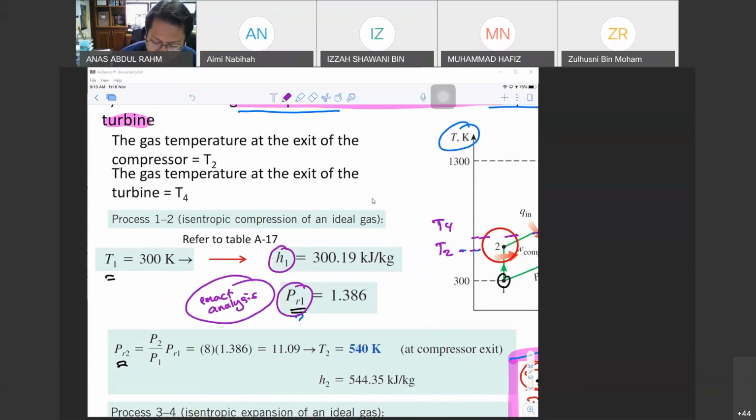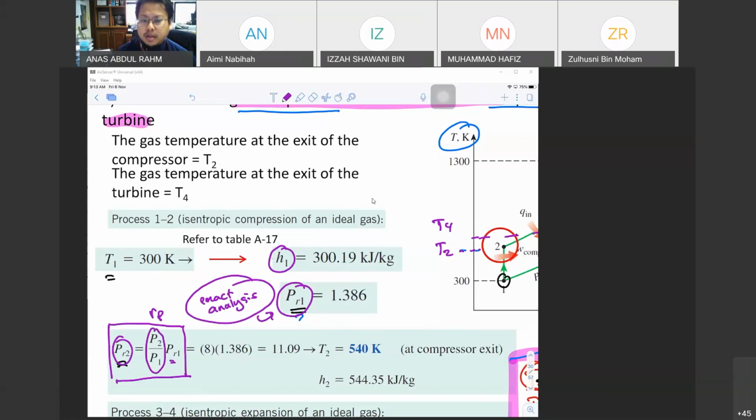Okay, why? Because we are looking for the value of Pr. Okay, so if you look over here, they are using the exact analysis, because we want to find Pr2 based on P2 and P1. This is rp, and we know what is Pr1 from here. We just find from the tables.